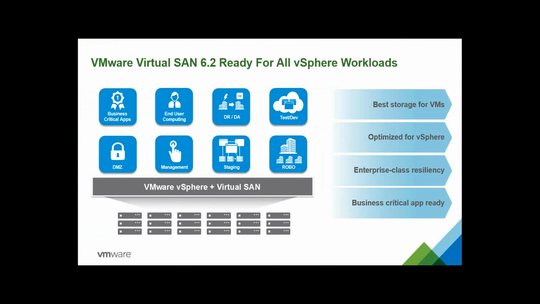I mentioned ROBO and two-node, and how I'm smitten with it. But I also really like the management pod idea. How many people have had a virtualized domain controller or virtualized DNS servers running on the storage they're in the process of upgrading?